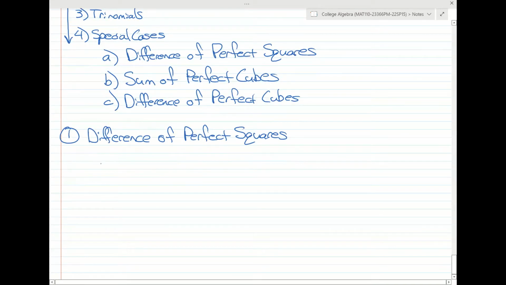Difference of perfect squares says if you have something that's a perfect square, like 4 or 9 or 25 or x squared, if you have something squared minus something squared, the shortcut to factoring it is just to write the first term plus the second, and then the first term minus the second.